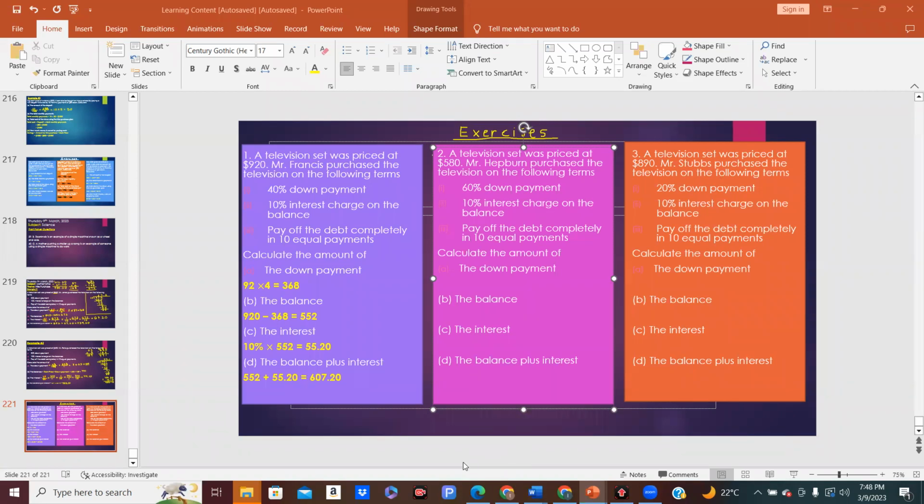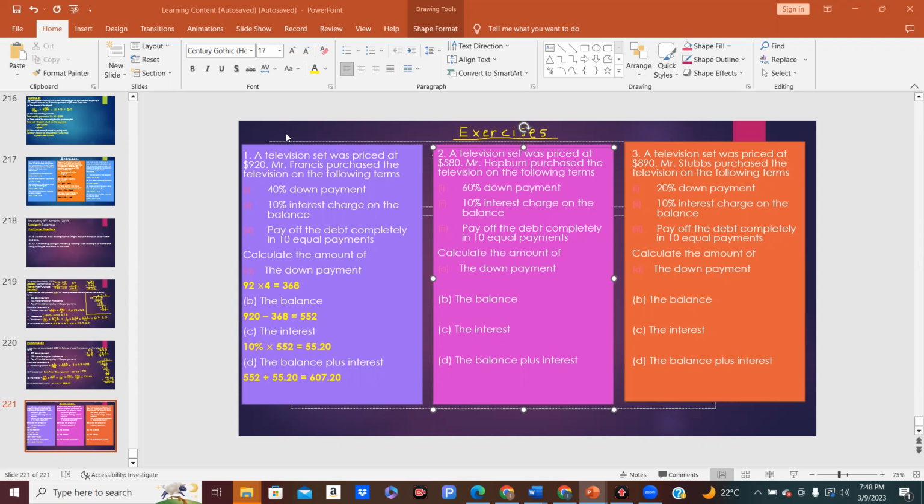All right, so for the down payment, it's 60%. So it's 60 over 100 times 580 over 1. I cancel out the zeros, right? So that's 6 times 58, which equals 348.